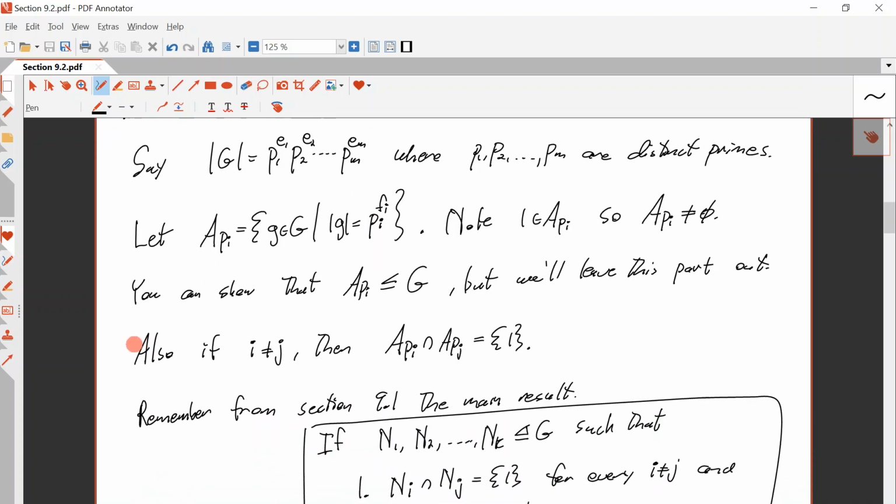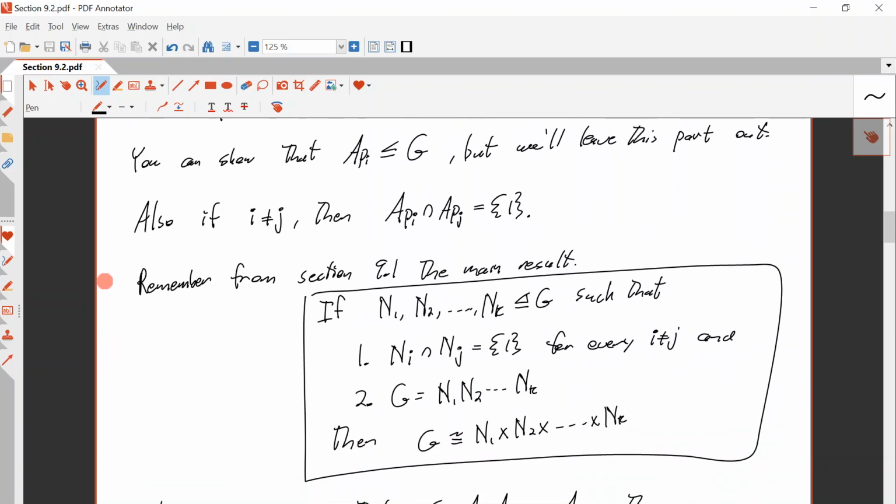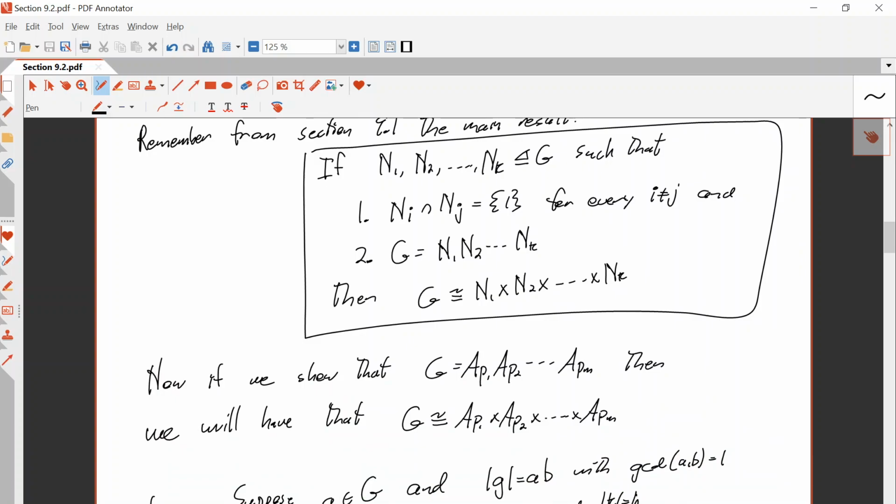And we know that the intersection of any two, API and APJ, is 1, because you can't have an order that's a power of 3 and an order that's a power of 5. That's the same except for 1, right, which is the order of the identity element. So we want to show now that every element in G is a product of some things in the APIs.